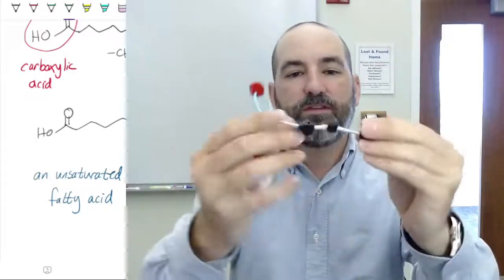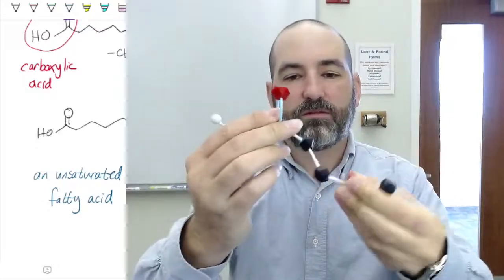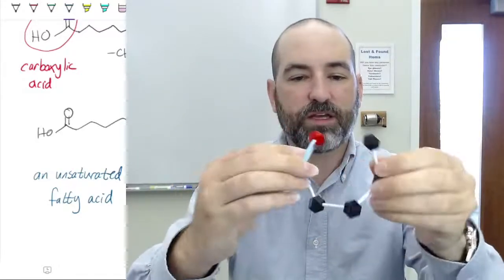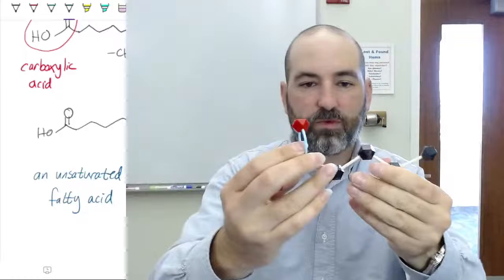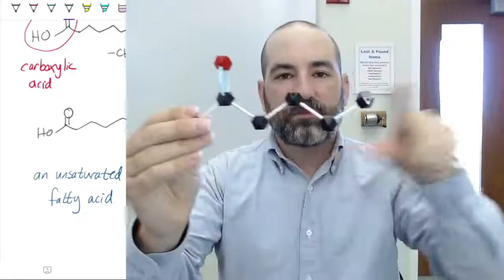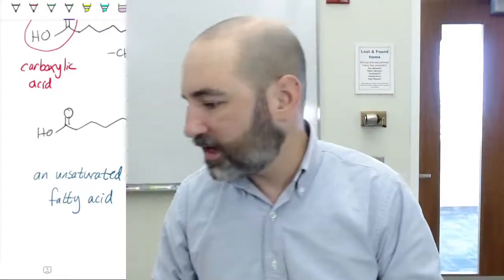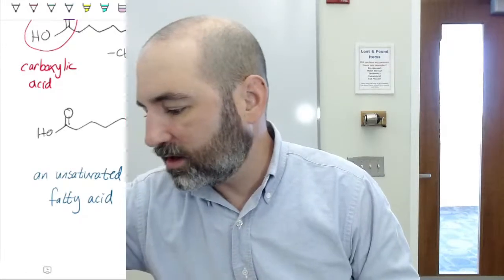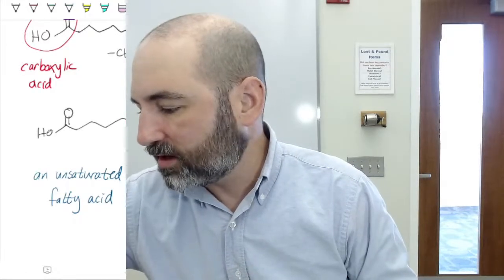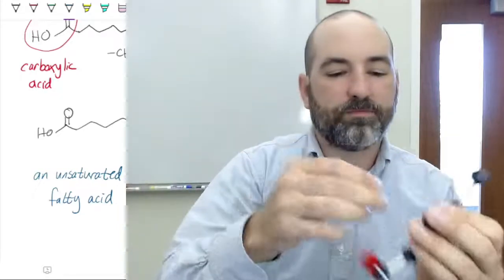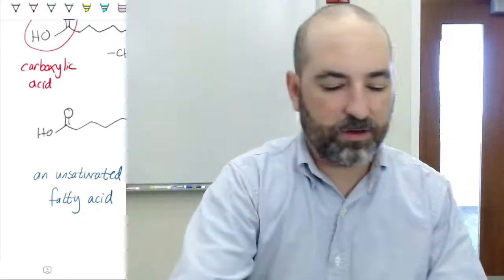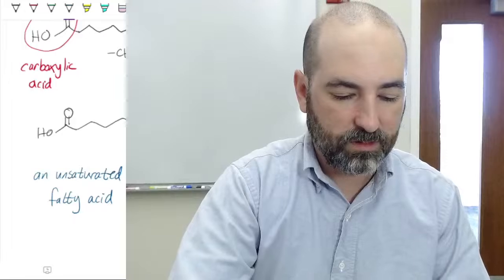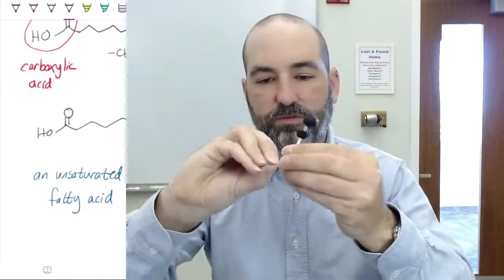You can see that this chain has free rotation to flop around as it will, and if it were much longer, it could do even more of that. We draw it in this stretched out way. But then if I add a double bond in the middle here, the way this particular model kit works, you add a double bond by taking out one of these and putting in these blue ones.